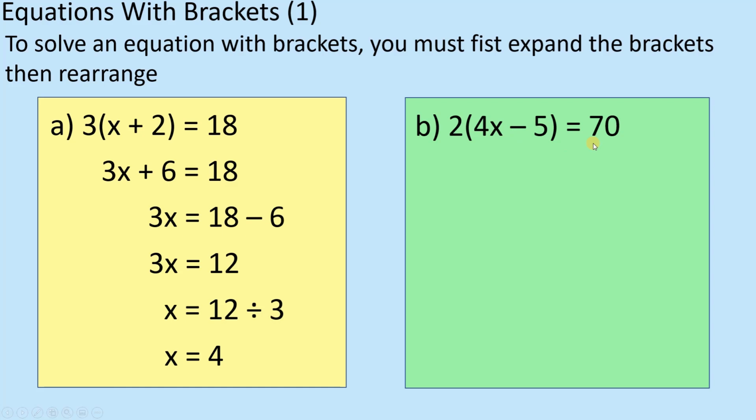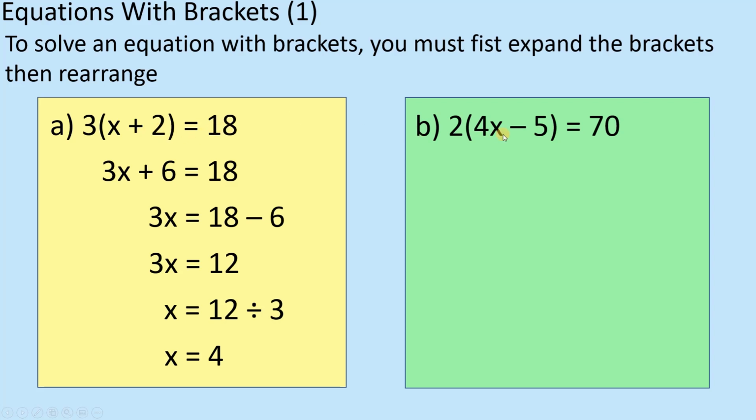Now that works. All right, it does work. But if this was a 3, then it becomes very, very difficult, because I can't do 70 divided by 3. All right, if I go back to this one over here, I could have done the same thing. I could have divided this by 3, which would have divided that by 3, and it would have left me with x plus 2 equals 6, and therefore that would have made it a little bit easier.